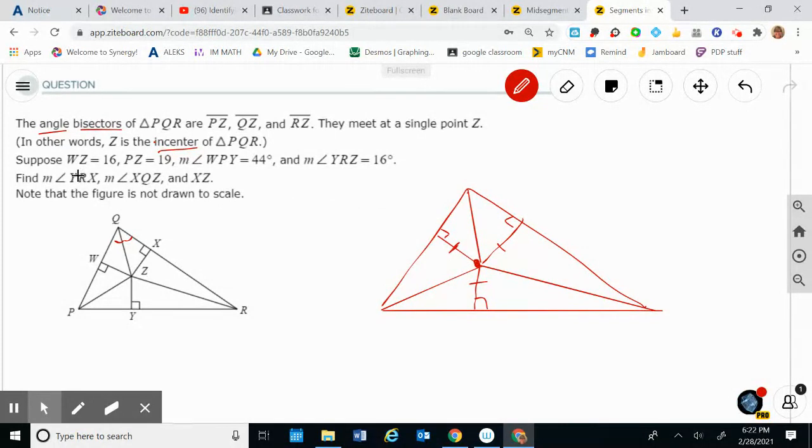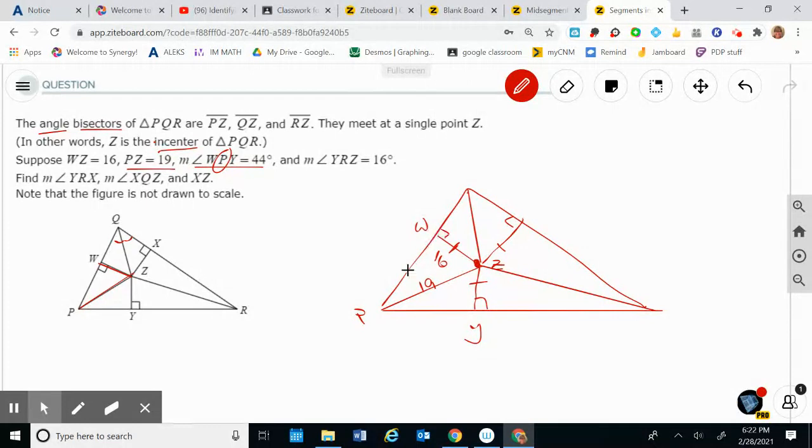So it says suppose WZ, so trace it here, WZ is 16. Here it is, WZ. PZ is 19. This is P. And the measure of WPY, remember when you have an angle, the middle letter is the vertex.